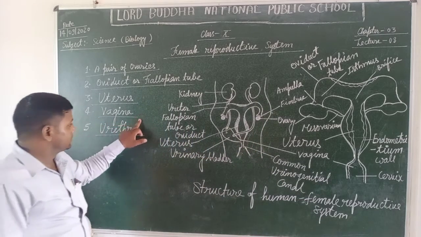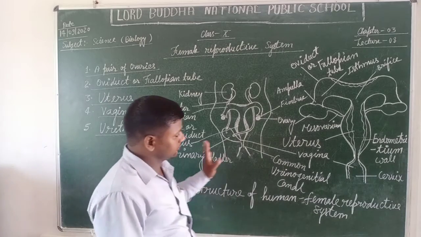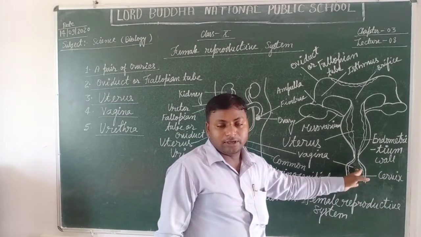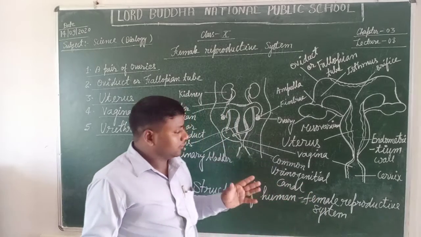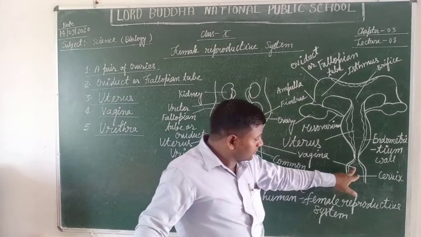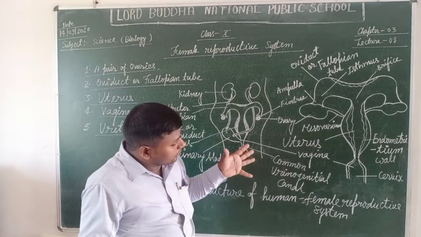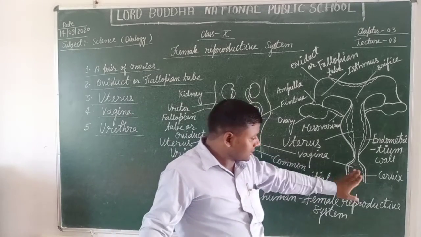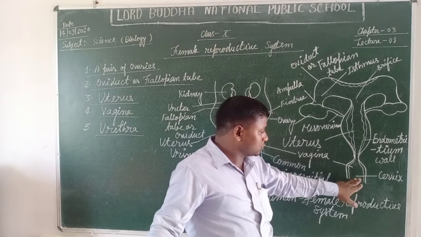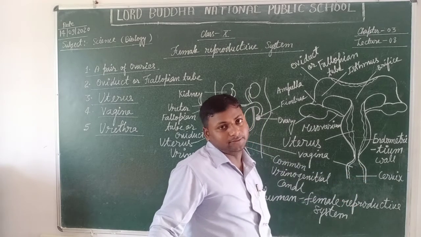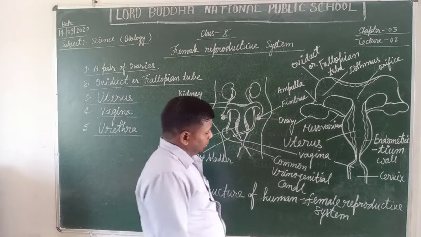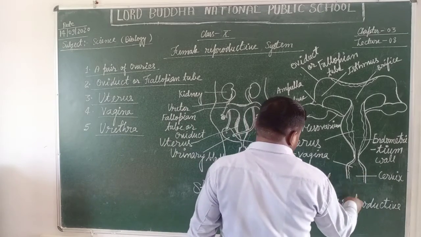Vagina, this is the common canal for receiving the semen secreted by the male during copulation, and also called the parturition canal. It means the birth canal, because the birth of the child takes place through this canal.